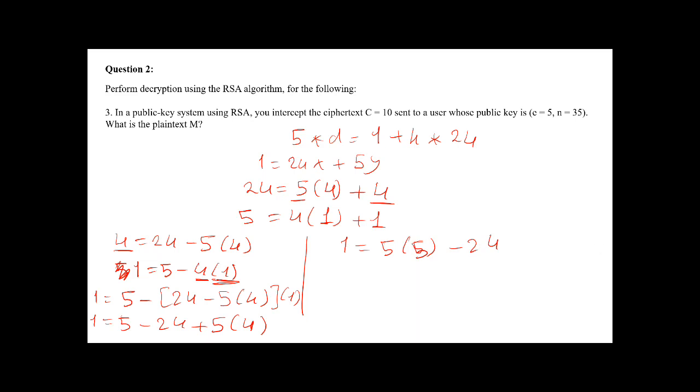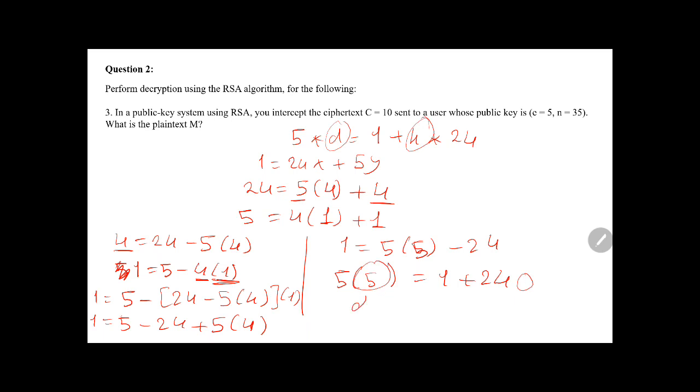We now rewrite the equation so that it's similar to this one. So in our case here, it will be 5 equal to 1 plus 24, and now this is similar to this one. So we can easily get the d, which is the one next to the 5 here, and the k, which is the one next to the 24 here.